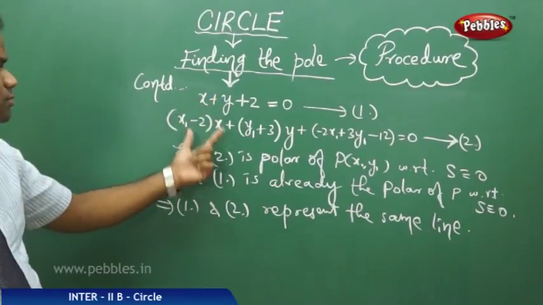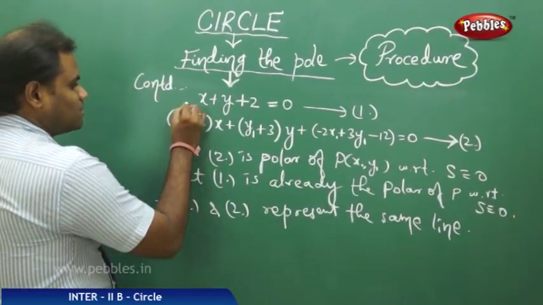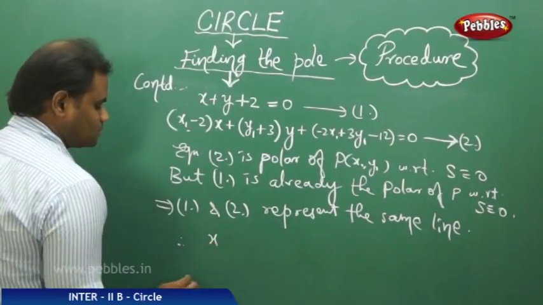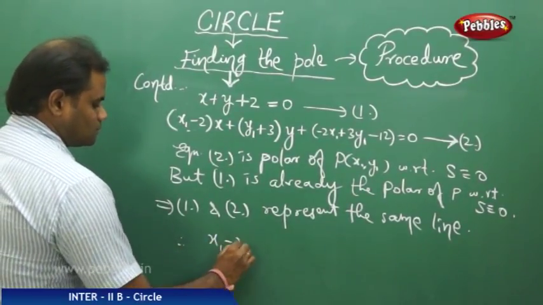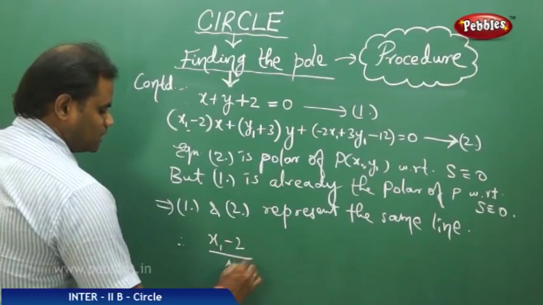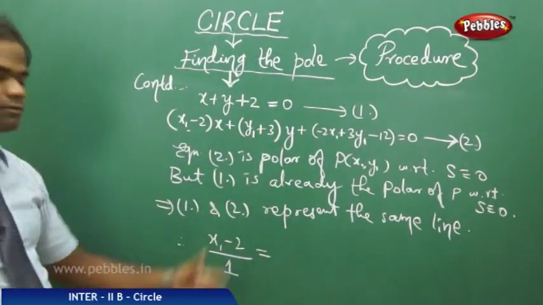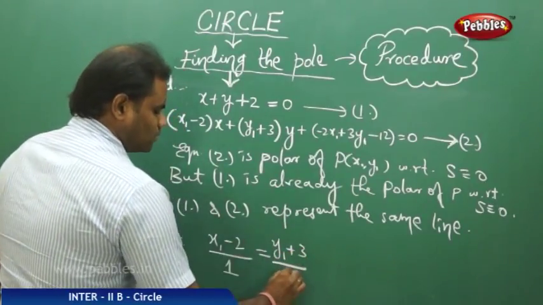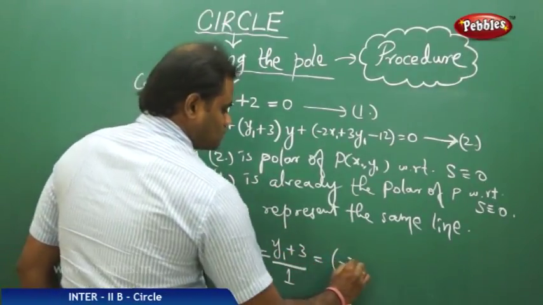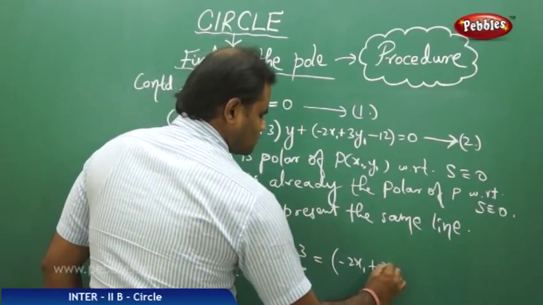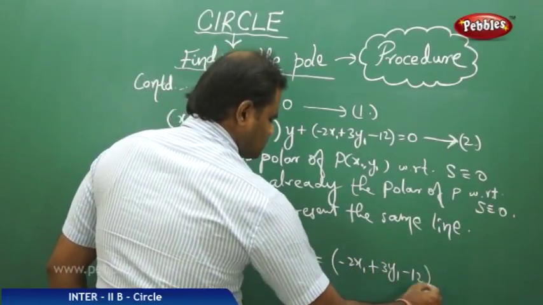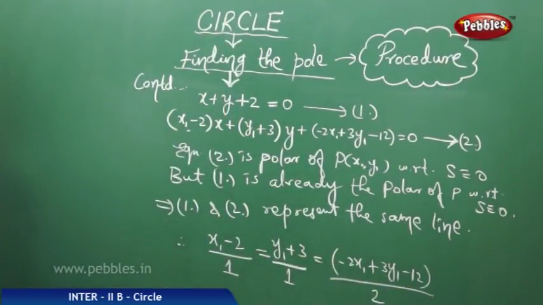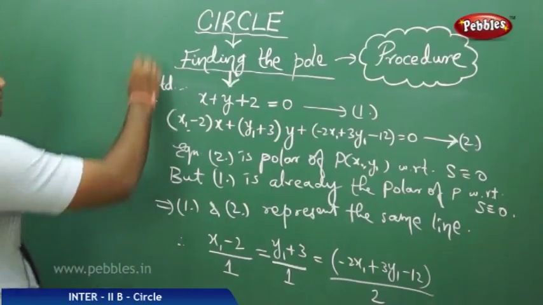Now when these two represent the same line, their coefficients must be in the same proportion. That is, the coefficient of x in 1 divided by that in 2 must be in the same proportion with the coefficient of y in 1 by that in 2.